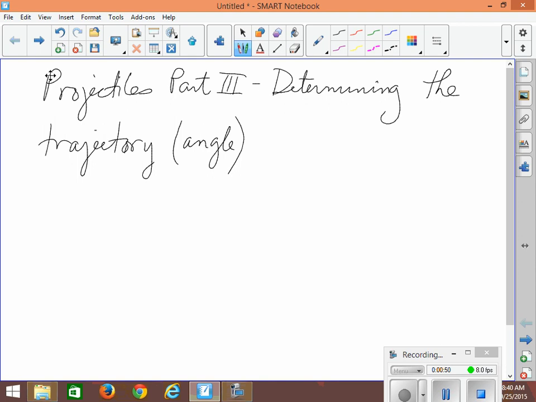So we can start off with a simple picture. We'll draw ourselves a reference frame. Well, let's draw the ground like this. And let's draw ourselves a little castle. A castle wall.